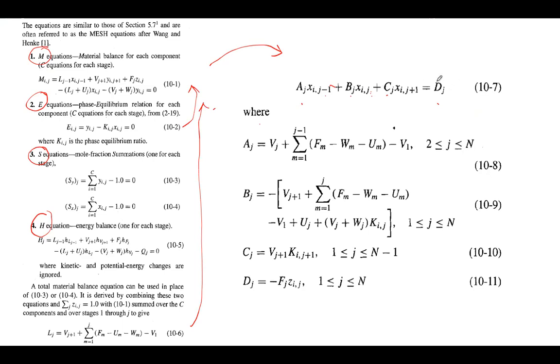Okay, so what is A? A is actually this one, very large. What is B? B is actually this one, very large as well. C is also this one, and D is equal to that one there.